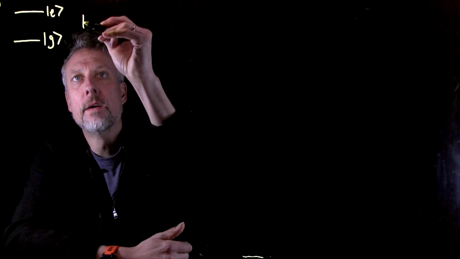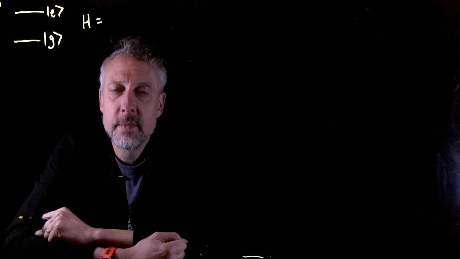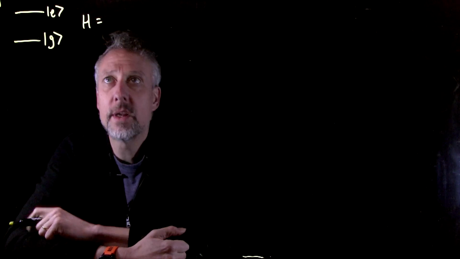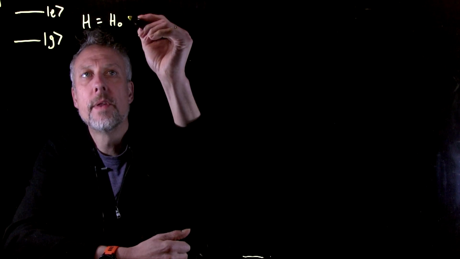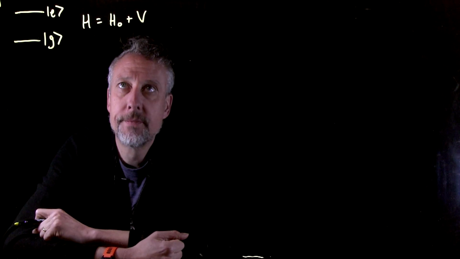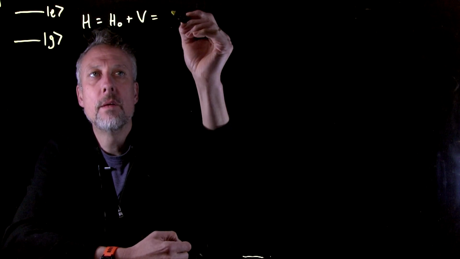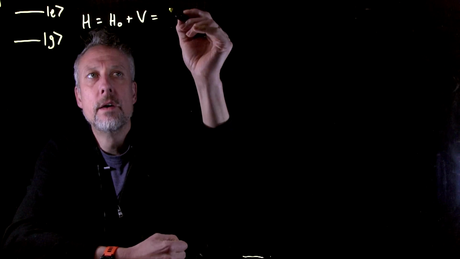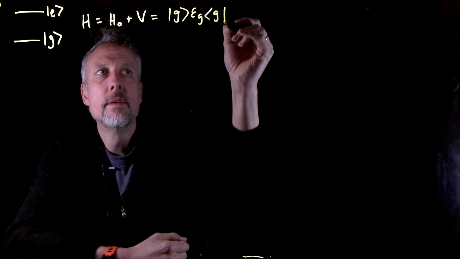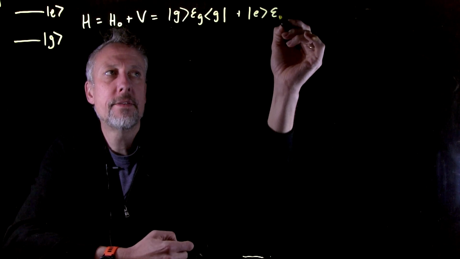So the Hamiltonian, we will break into two parts. One will be what we might call the H-naught Hamiltonian, the field-free states that you have with no coupling. And then we'll have some coupling term that I'll call V that connects the two levels together. When we write these down in the basis, this will look like the energy of the ground state times the ground state projector, plus the energy of the excited state times the excited state projector.